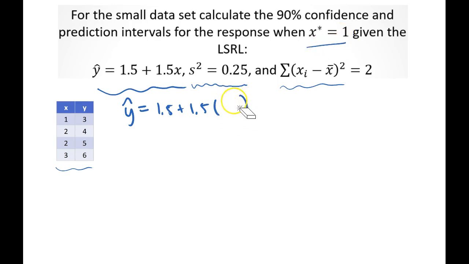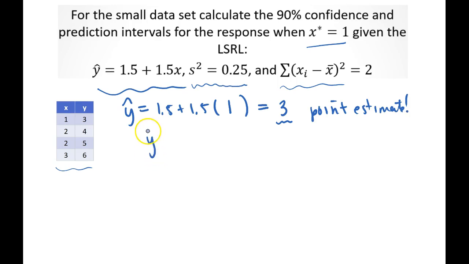So all we need to do is plug in 1 here, and we get y hat to be equal to 3. So this is then our point estimate.